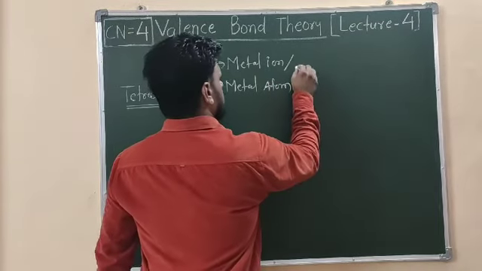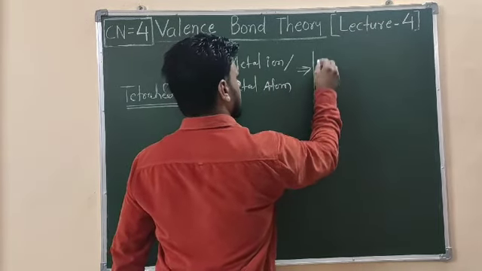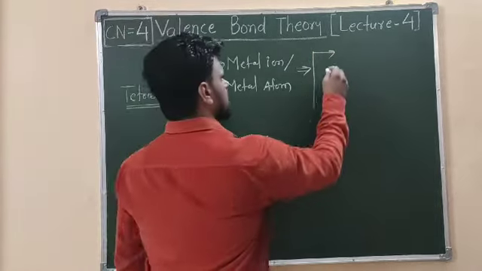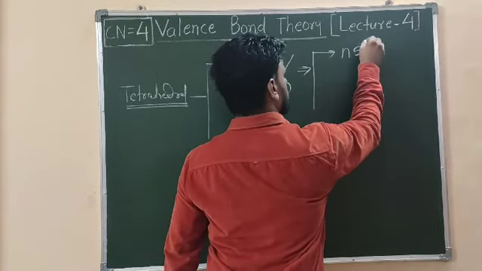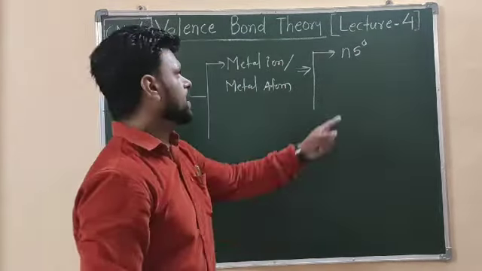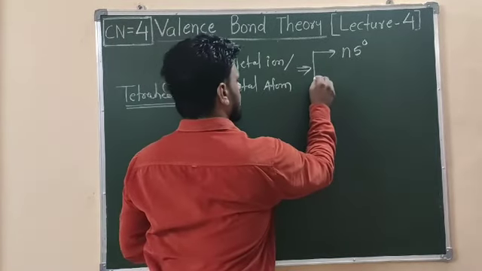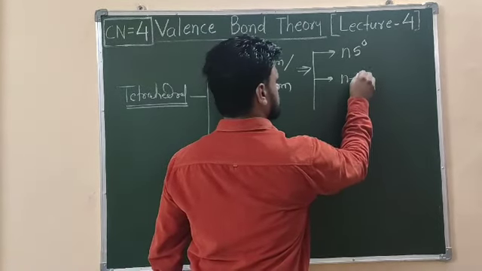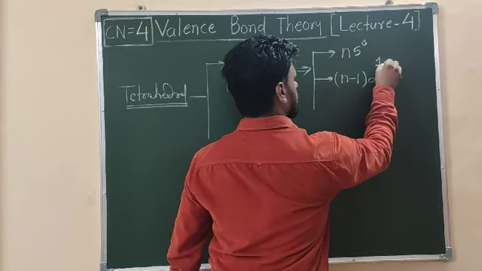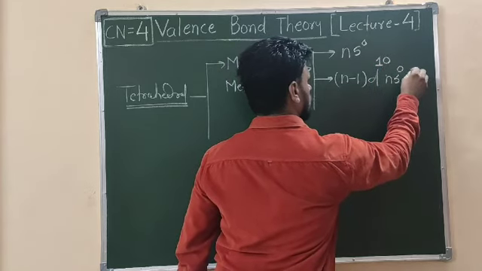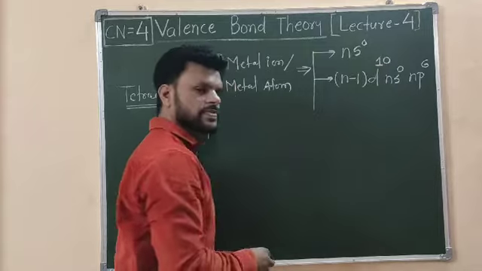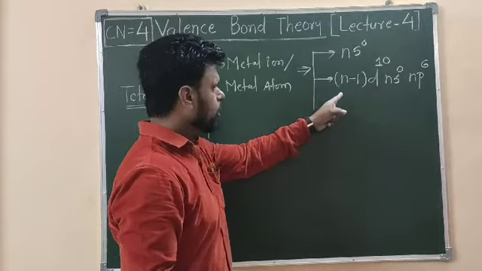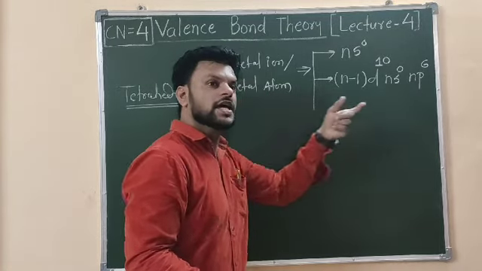Remember that whenever the metal ion has a noble gas electronic configuration like ns0, or it can also be a pseudo noble gas electronic configuration, meaning (n-1)d10 ns0 np6, noble gas electronic configuration metals as well as pseudo noble gas electronic configuration metal ions generally exhibit tetrahedral complexes.